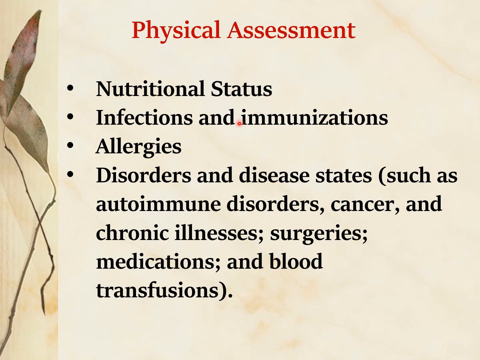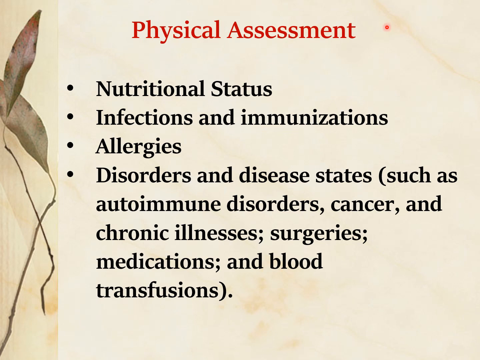You also have to ask your patient about a history of infections, and you can also ask about childhood and adult immunizations, including vaccinations that provide protection against, for example, influenza, pneumococcal disease, COVID, pertussis, herpes simplex, and so on.